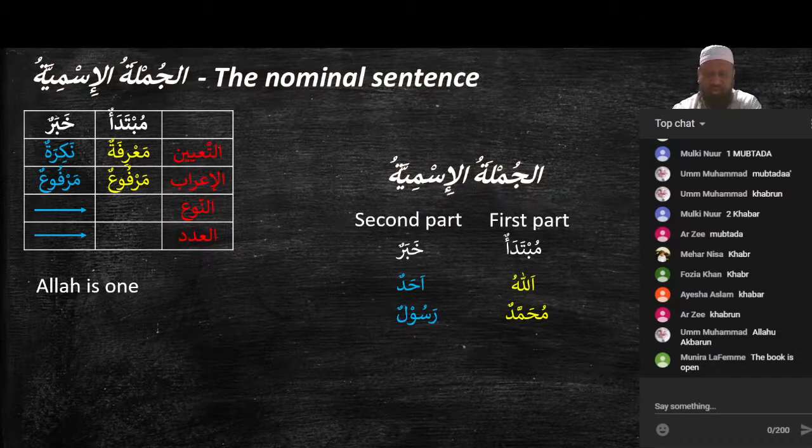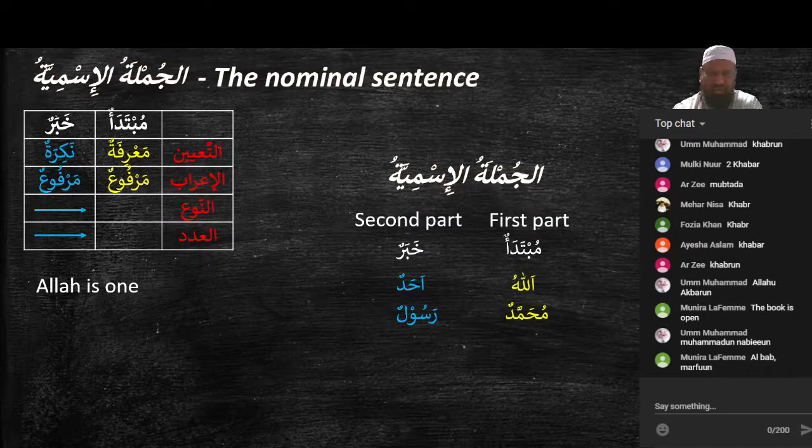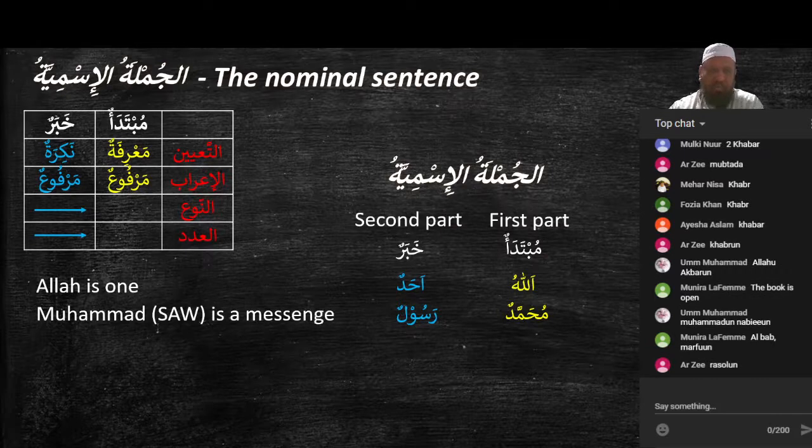Rasul is also mudhakkar. In terms of al-adad, Muhammad is al-mufrad, so is Rasulun mufrad. So we have a complete sentence, Muhammadun Rasulun. Muhammad sallallahu alaihi wasallam is a messenger.